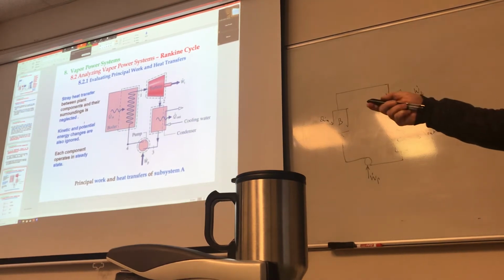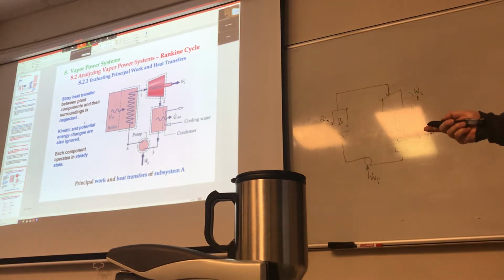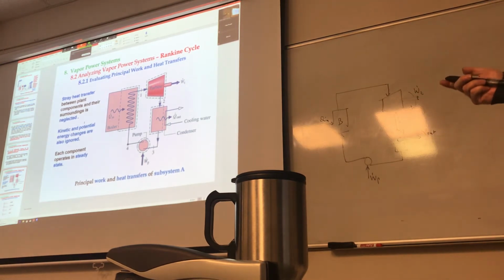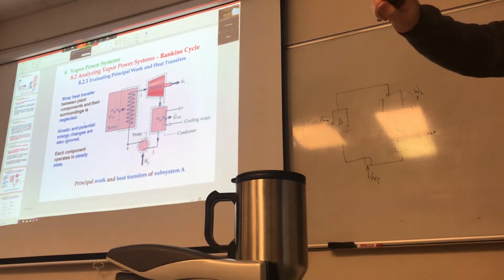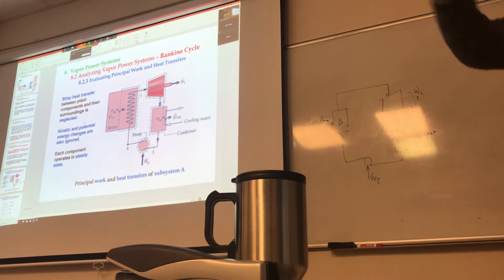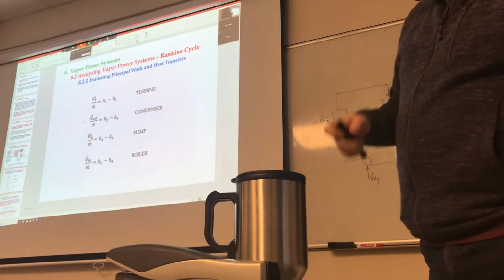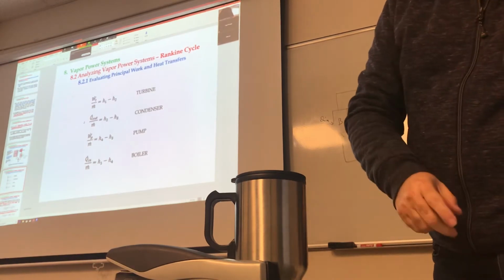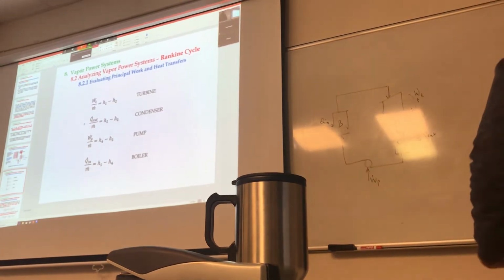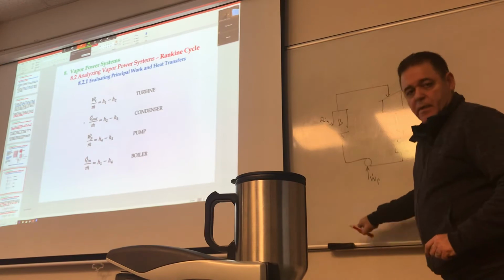Number two, kinetic and potential energy changes are also ignored. And each component operates in steady state. We're not talking about the moment we turn things on, but after it gets to the steady state regime. Now, before we look at this slide, let me ask you a couple of questions.